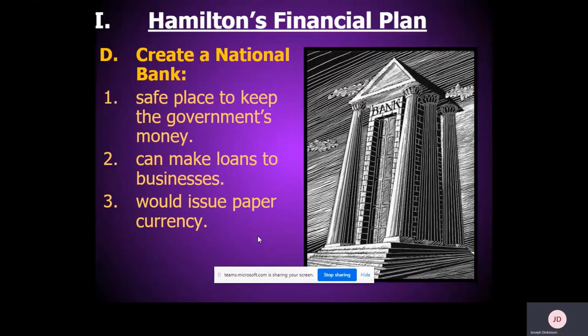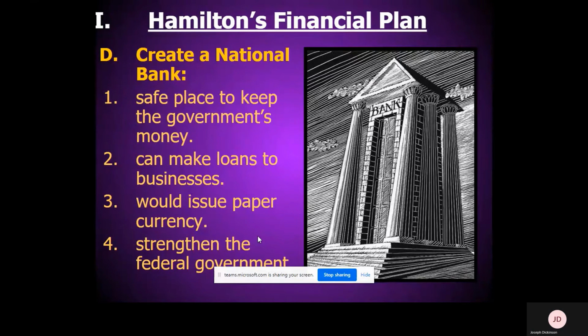These are the big things that make us have a national bank throughout the whole United States. It's not a crazy idea. Most countries have one. We just want to jump on board and do it, and we'll become one of the most successful national banks in the world. And last but not least, it's going to strengthen the federal government, and that's Hamilton's big master plan. He wants to make the federal government once again stronger than the state governments.